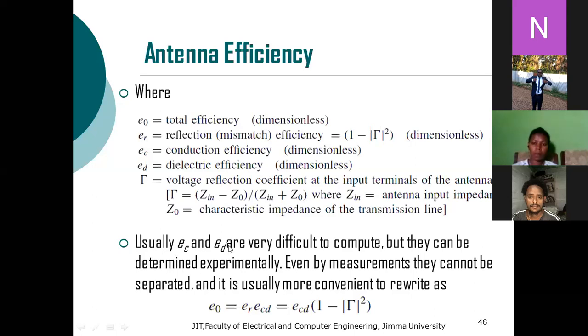Basically, it is difficult to calculate the conduction and dielectric efficiency of a given radiating element independently. So the common technique is to make a measurement. From the measurement, it is possible to have an efficiency for the conduction and dielectric, in a lumped form.